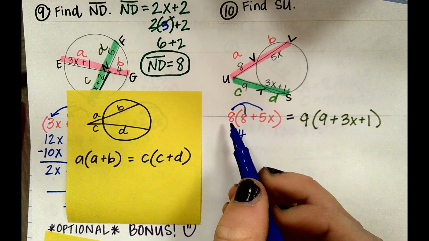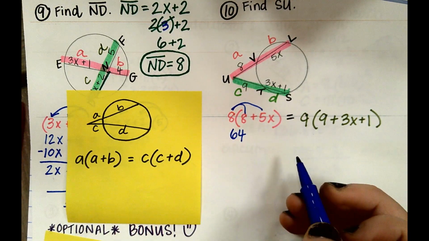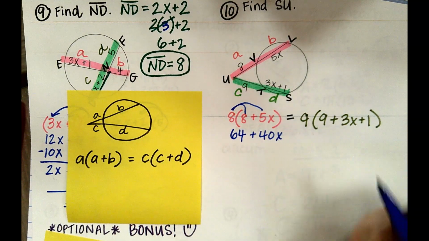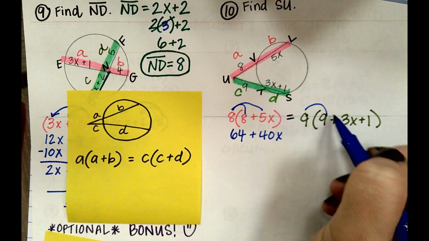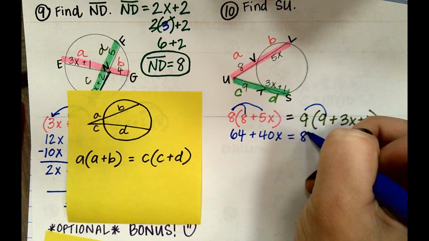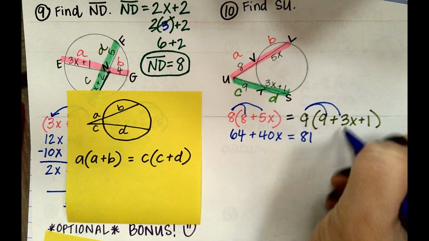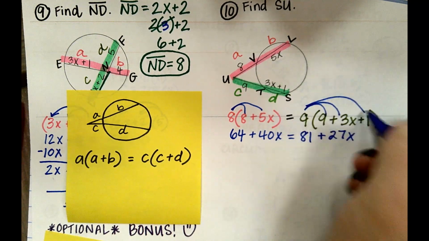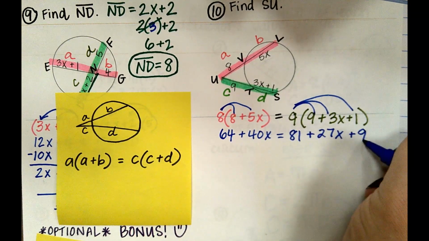And then 8 times 5x, 40x. 9 and 9, 81. 9 and 3x, 27x, and then 9 and 1, 9.